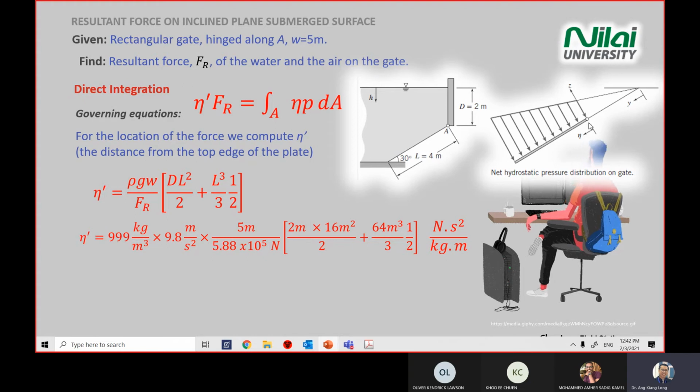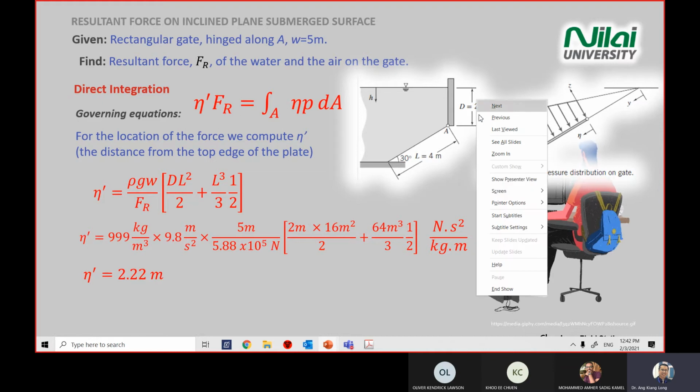N prime is the location from the hinge point A here. It will be 2.2 meter in this case. So this is the reference answer that helps you to double check your calculation. So this is the location for n hat or n prime.